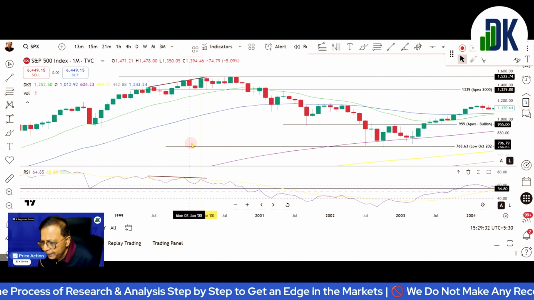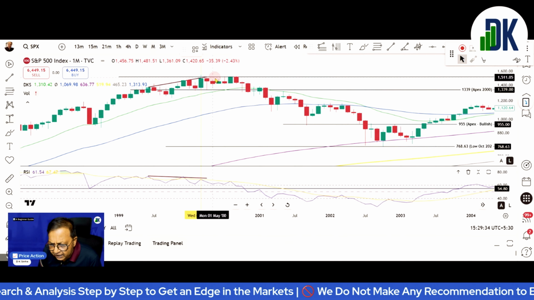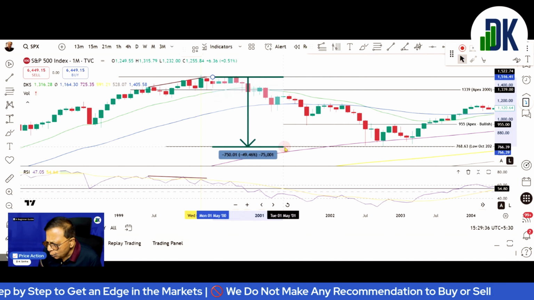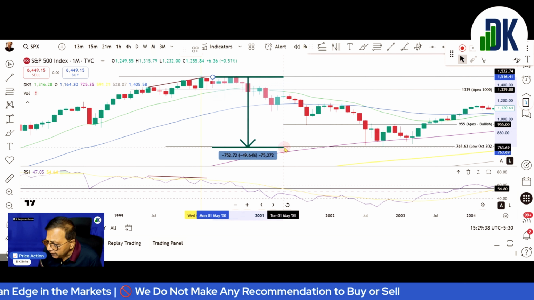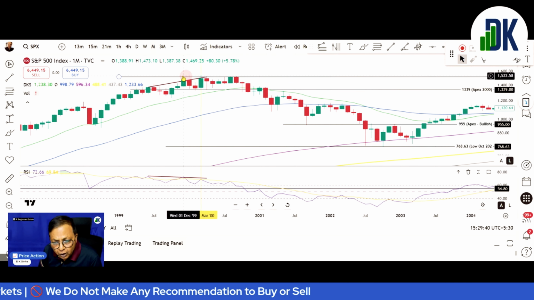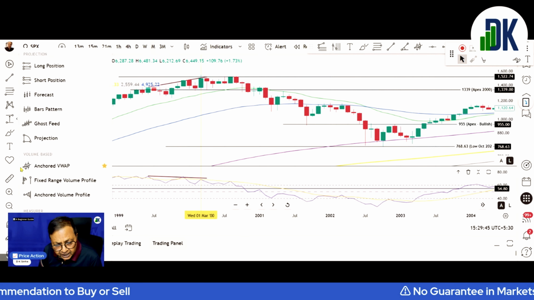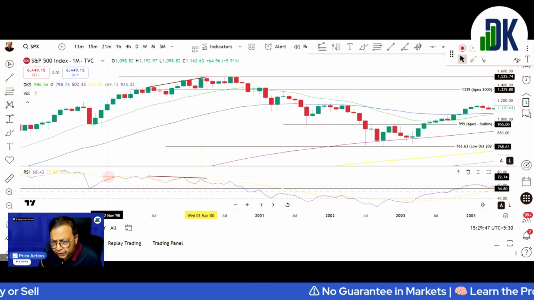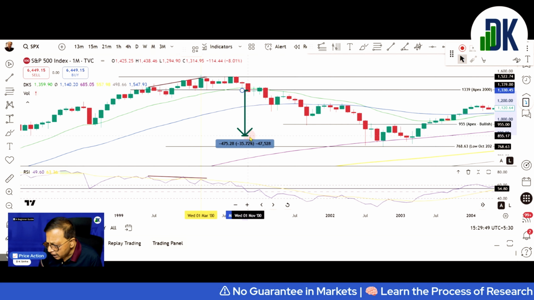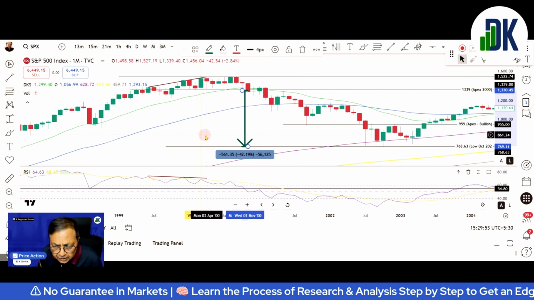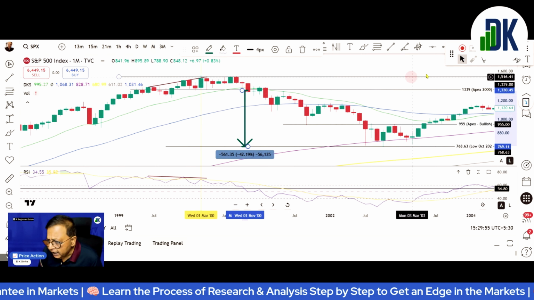During this bear market the index fell from the peak by something around 50%, but we could not have exited at the top. Still, if we could have identified the distribution pattern, we could have saved somewhere around 42% of the further drawdown which took place in the market.